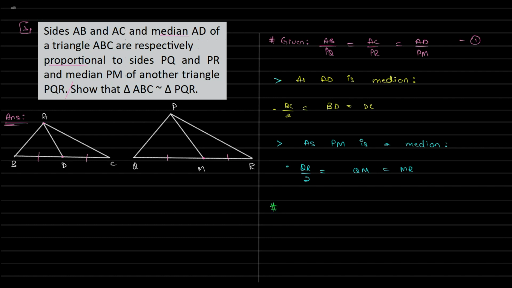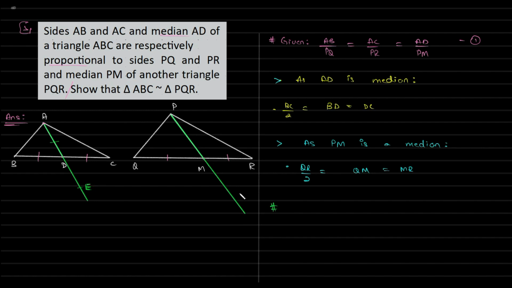So for this particular question, you need to approach this way. Extend this and extend this as well to such an extent that AD is equal to DE. So you have to do it in such a way that this particular length is equal to this particular length.